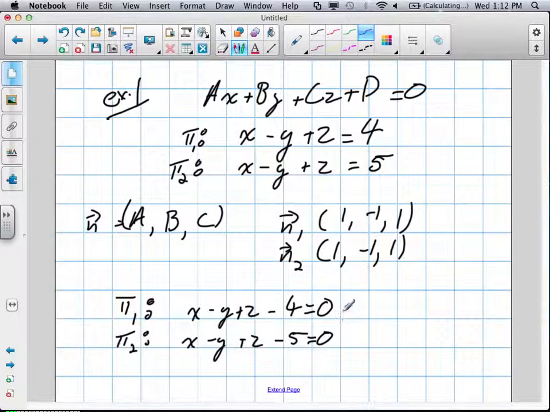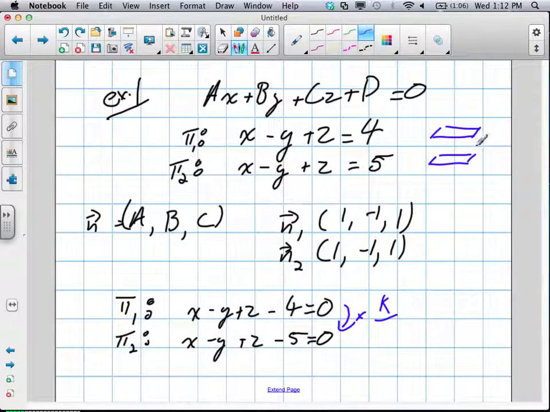I'm not going to be able to multiply plane number 1 by some number to get plane number 2. So because it's not a scalar multiple of the other, we know they're not coincident planes. These are parallel planes. So this is case 2. We have plane 1 and plane 2, and they're parallel to each other. They will not intersect each other.